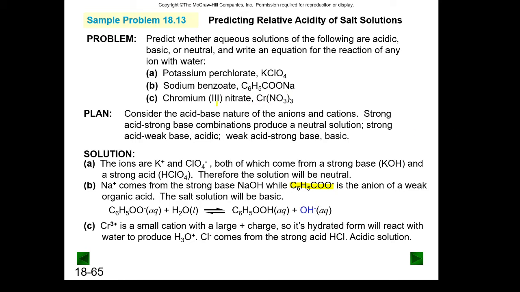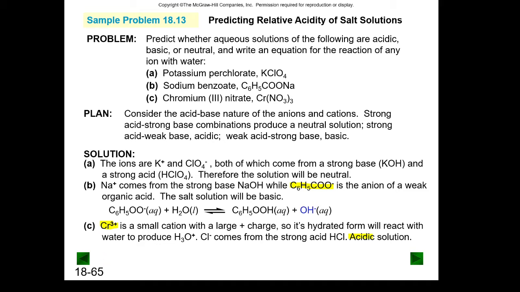Let's look at the next one. I've got chromium nitrate. Nitrate with a hydrogen should make a strong acid. Chromium is not a group 1 or large group 2 metal. It's a transition metal. Therefore, my chromium 3 plus is going to make my solution acidic.